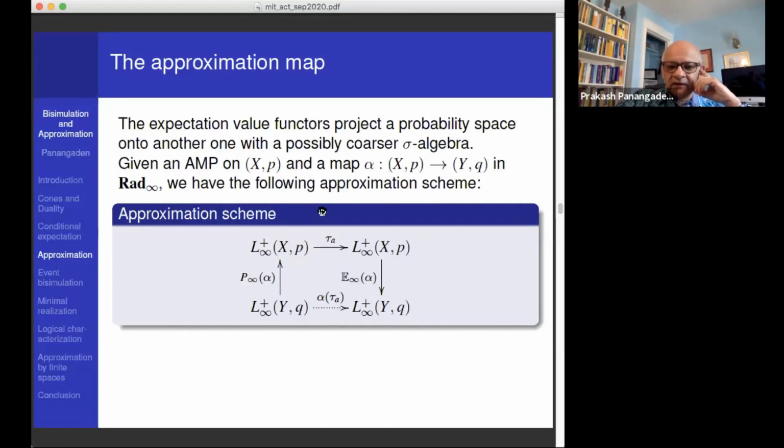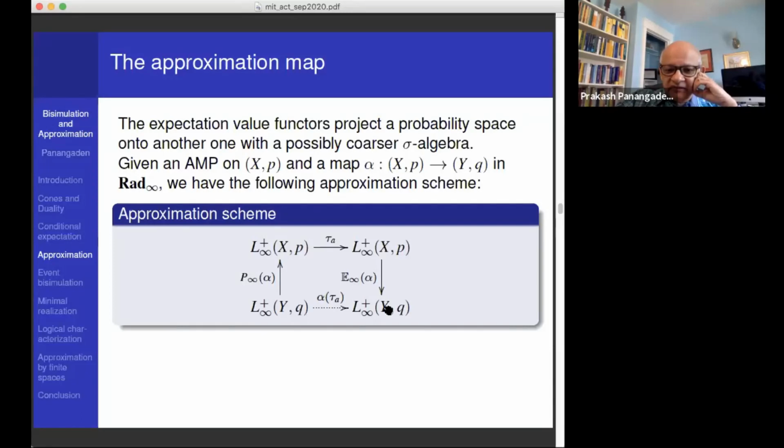So given alpha in rad infinity, we have the precomposition map. That takes you from L infinity Y to L infinity X. We have the transition kernel here, now viewed as a Markov operator, giving you the transformed function in L infinity X, and then you take the expectation value functor back down to Y. So this gives you a kind of cruder version of what's actually happening in X. Why cruder?